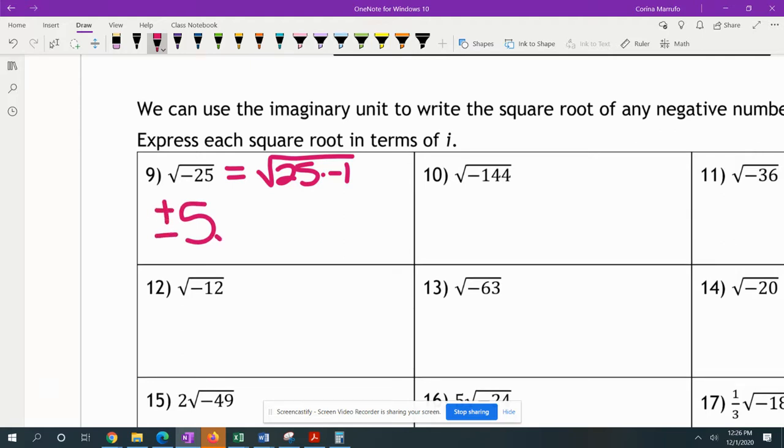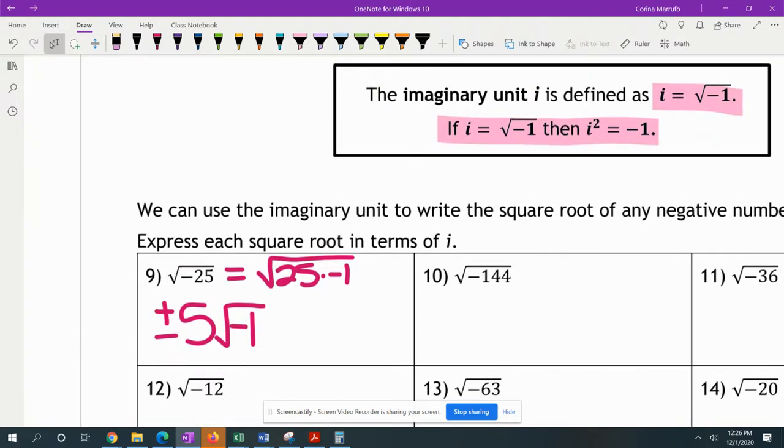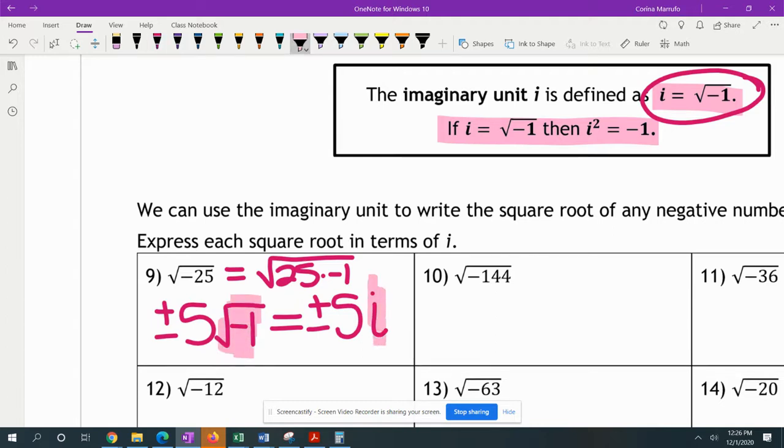And then trapped in the square root stays a -1. Well, according to this definition, if the square root of -1 is equal to i, instead of writing the square root of -1, I'm going to go ahead and substitute it with an i. So instead of writing this, I write this.